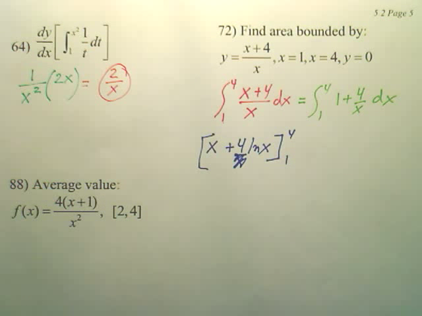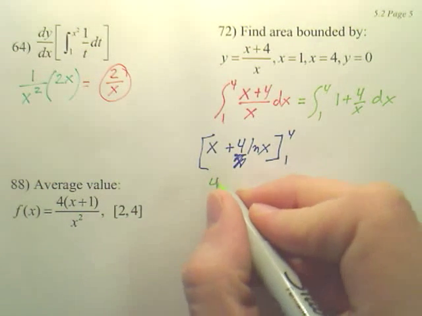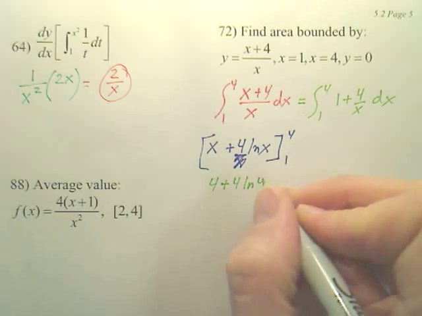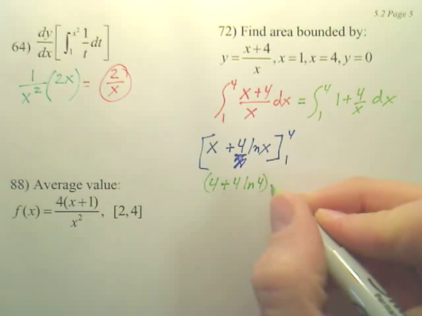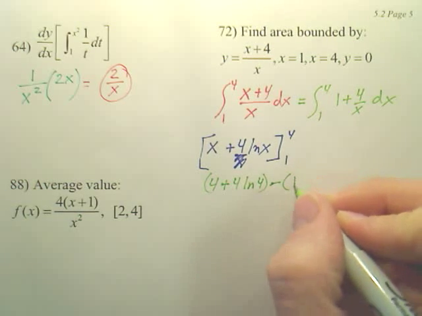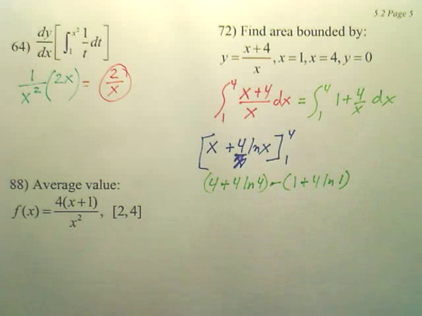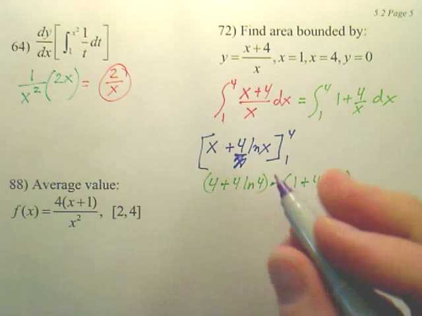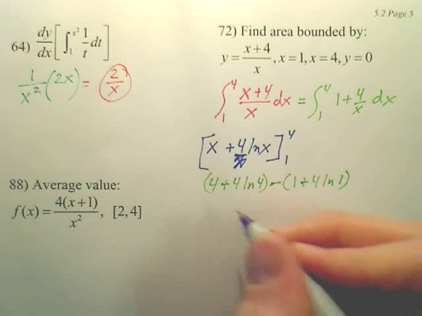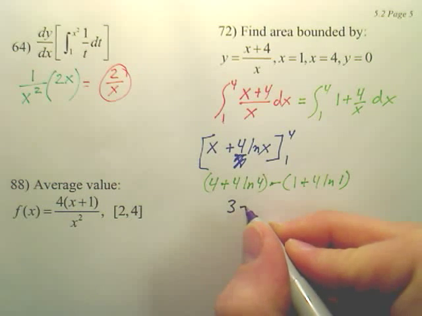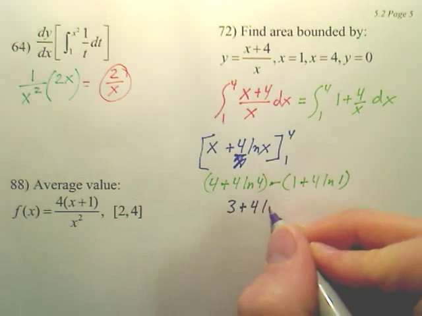Okay, now just plug in 4, plug in 1, and we're done. So it's simply going to be 4 plus 4 ln 4 minus 1 plus 4 ln 1, which ends up being, let's see, 3 plus 4 ln 4.